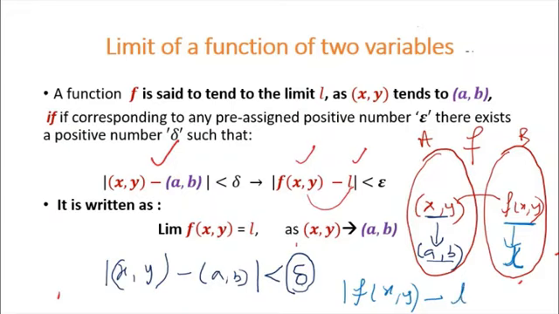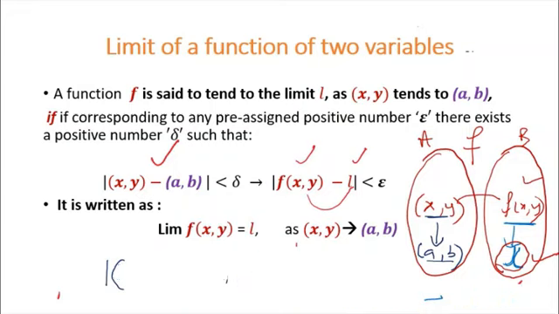So modulus of f of xy minus L is also less than epsilon, another least positive real number. That means f of xy is reaching L, then you call this L the limit of the function f of xy. I hope this explanation is clear.